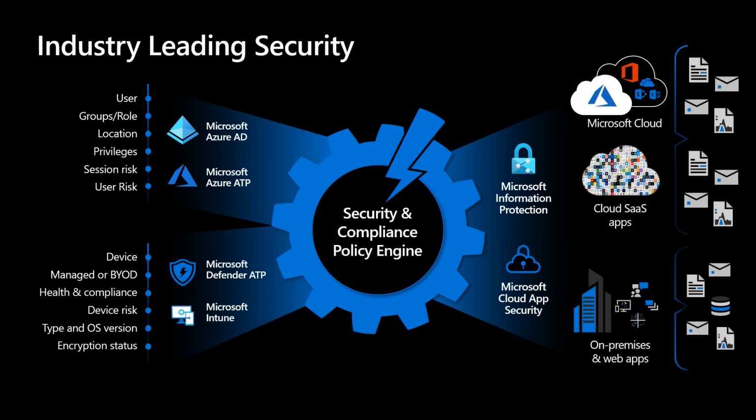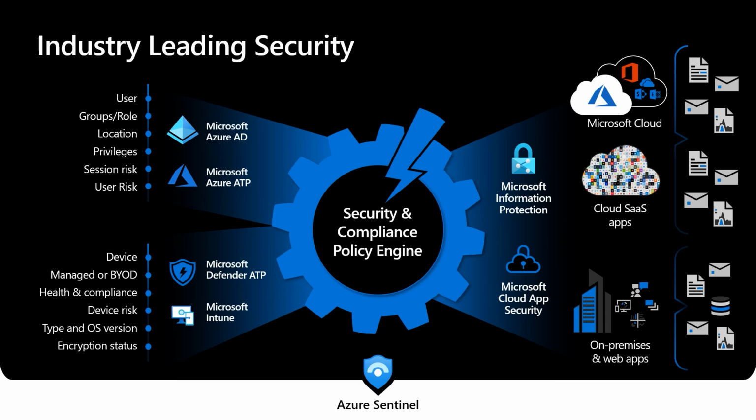So taking everything that we've covered from Microsoft AD to Azure ATP, which helps us understand what's happening on-prem, Microsoft Defender ATP, which is our endpoint detection and response, and our compliance or our mobile device management, which is Microsoft Intune, and putting that all together so we can help coordinate a compliance and policy engine like conditional access to ensure that our information stays protected with Microsoft Information Protection, or providing real-time session controls with Microsoft Cloud App Security. And leveraging all those signals and using the cloud native SIEM solution, which is Azure Sentinel, so that way our security teams have an overall view of what's happening throughout the enterprise.